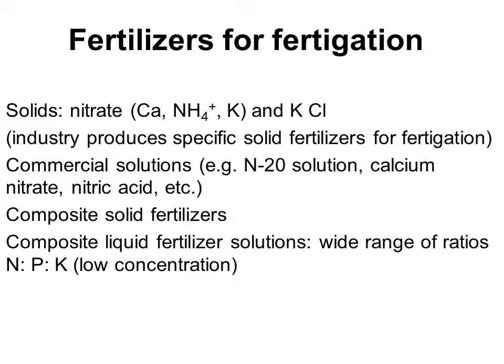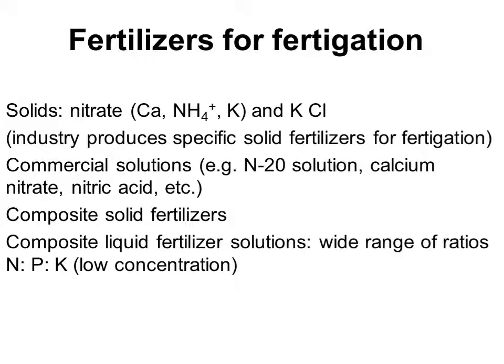The industry also produces commercial solutions which are rather expensive, but makes things easier for the farmer because you buy something that you need only to put into the irrigation system, into the fertigation tanks directly. They also can provide composite liquid fertilizer solutions.